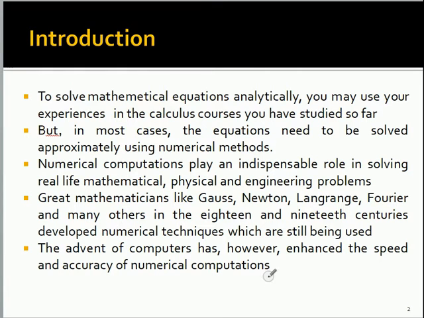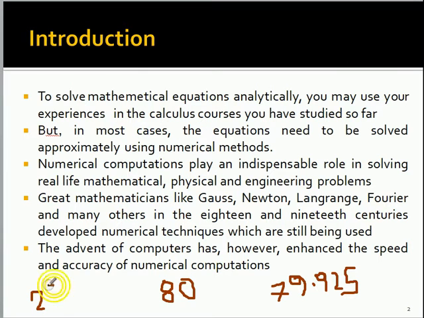For example, if you have 79.925, then we assume that it's 80. Then for certain mediums we assume stuff. For example, for 25 degrees we assume the density of water is this, the melting point, boiling point, sometimes under certain conditions we assume stuff.